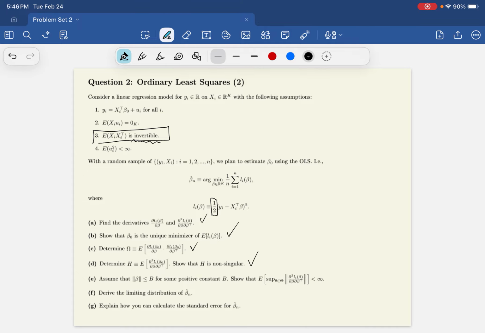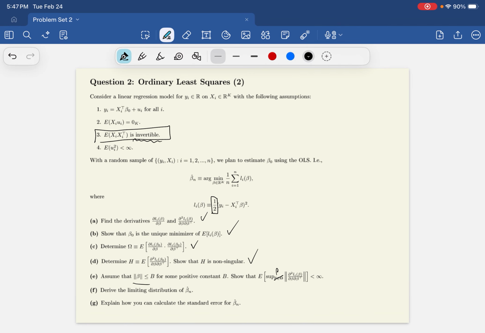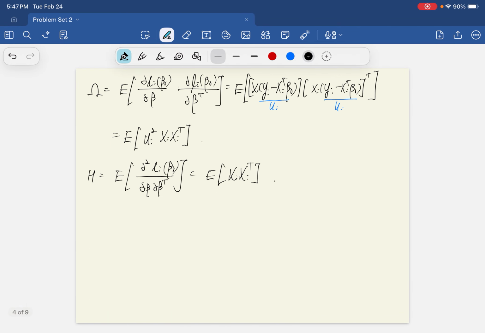And this is the annoying part. Here it should be beta. Assume that beta is bounded, and then we need to dominate the second derivative. It is so obvious again. The supremum over beta of the norm of xi xi transpose, right?